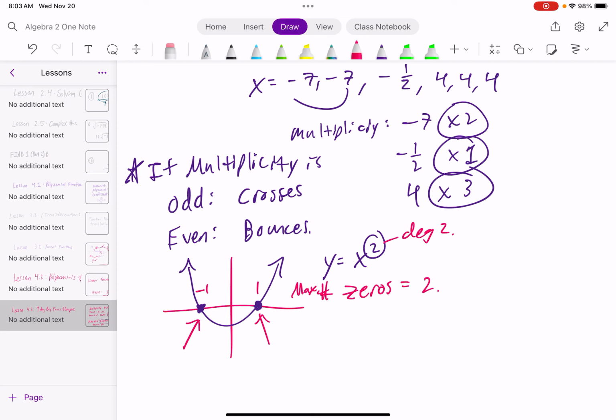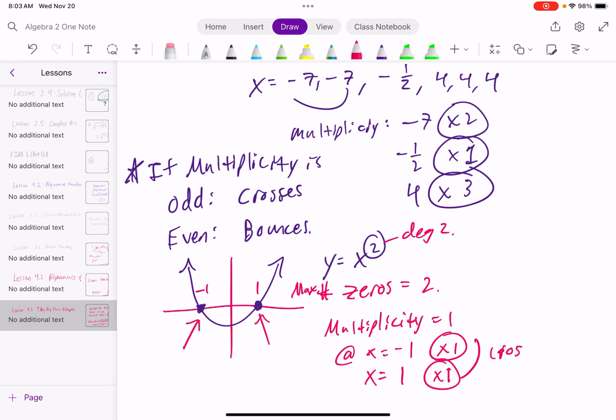So therefore it crosses, as you can see. It equals 1 for each. At x is negative 1, you have 1 of them. At x is 1, you have 1 of them. So therefore it crosses, since they are odd. Multiplicity is odd, and if it is odd, it crosses.